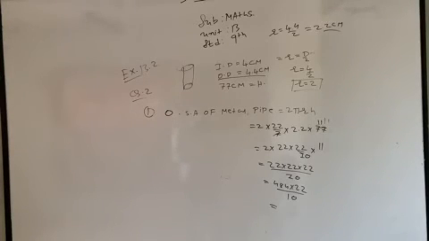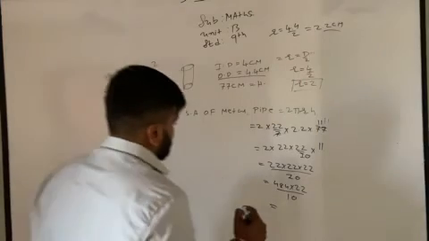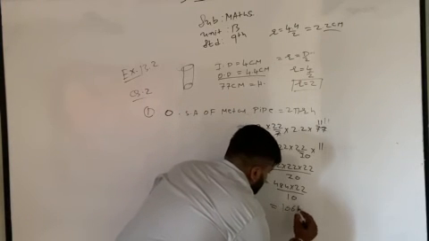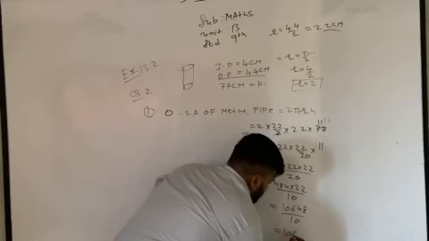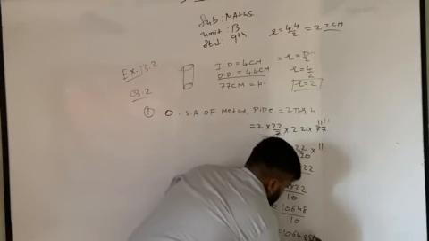Simplify this. 484 multiplied by 22 is 10,648. So our answer will be 10,648 divided by 10, which becomes 1064.8 centimeters square.